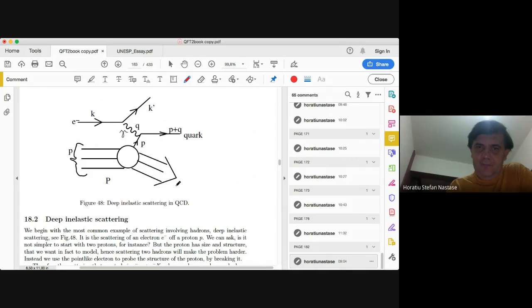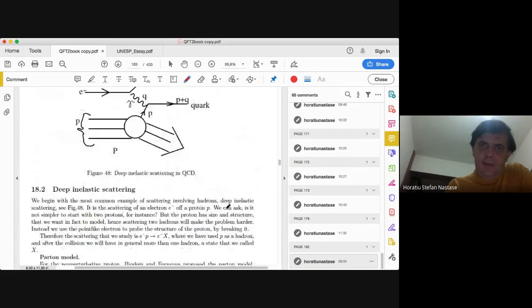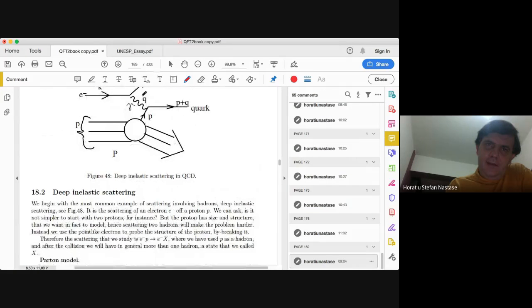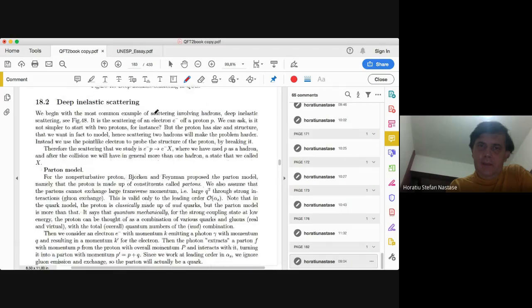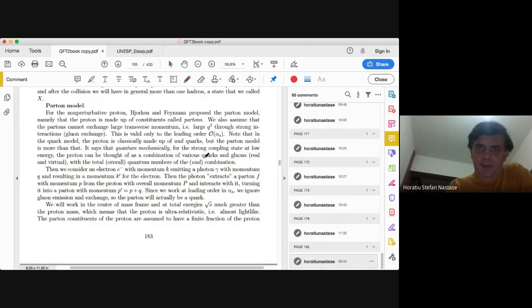So at least at low, so we said that we exchange momentum transfer that is small. I mean, it cannot be very large, up to first order.